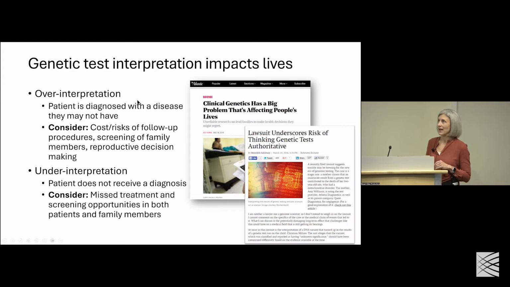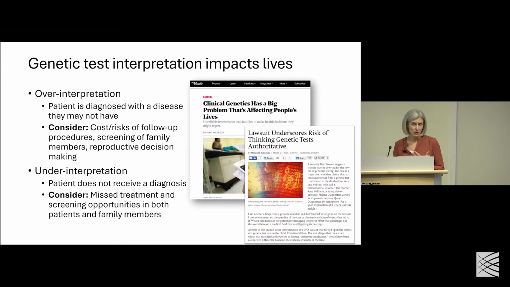So the article at the back here is actually one from The Atlantic, where they're describing the story of a family who had some abnormalities reported in a fetus on ultrasound, ended up doing some prenatal genetic testing related to that, and received a likely pathogenic variant on their prenatal genetic testing report.